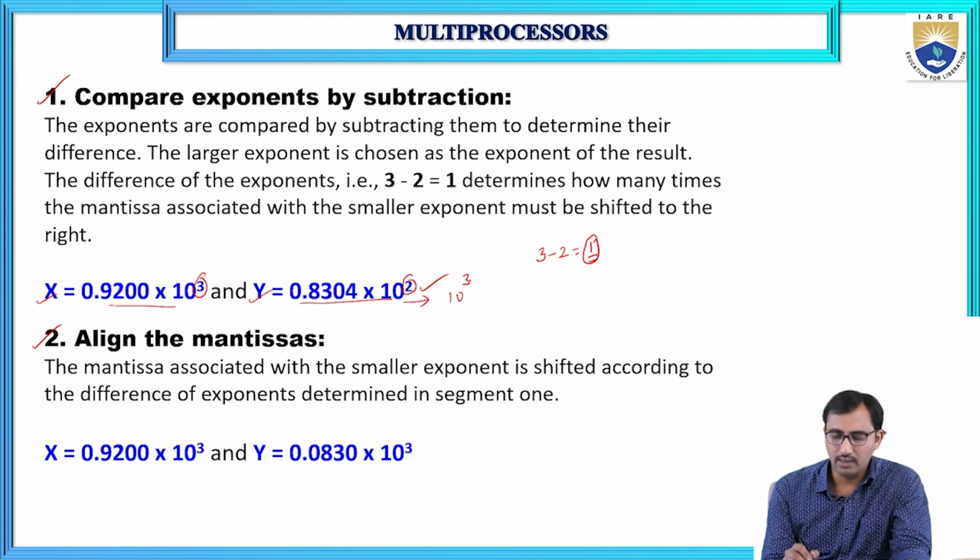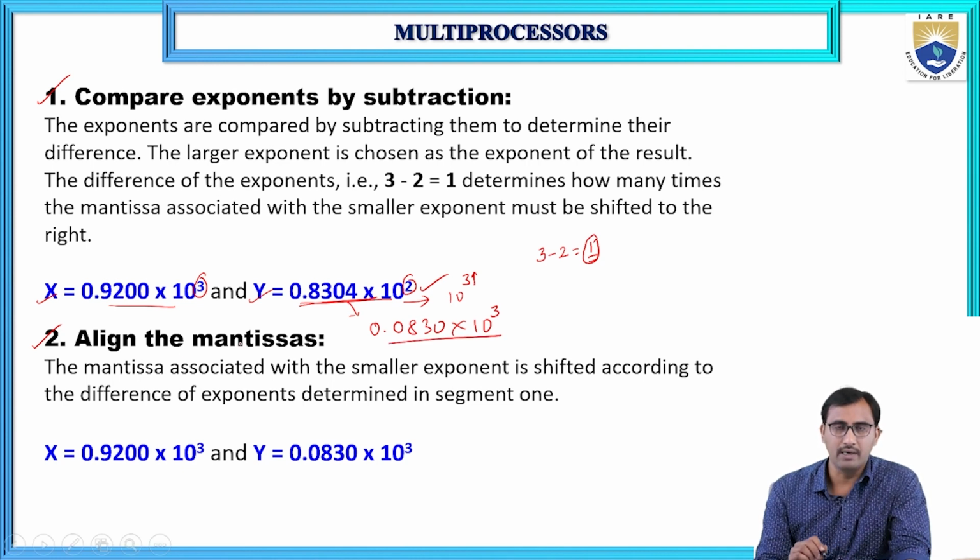We will increase the exponent if we perform shift right operation. So if we perform shift right operation, this number becomes 0.0830 into 10 power 4. Okay, so already it is 3, so it will become 10 power 3.